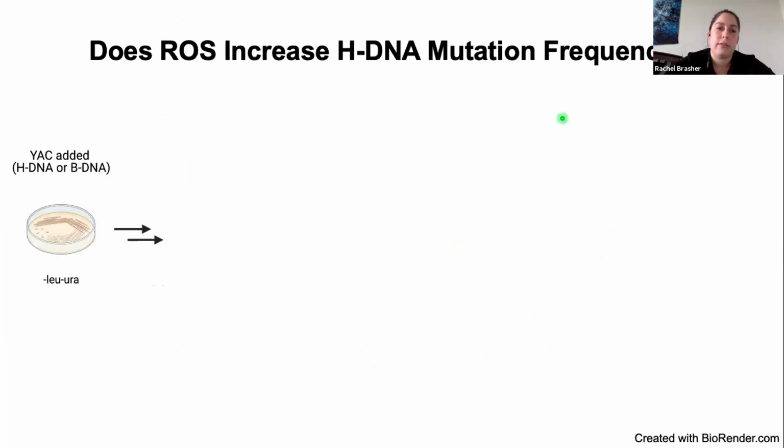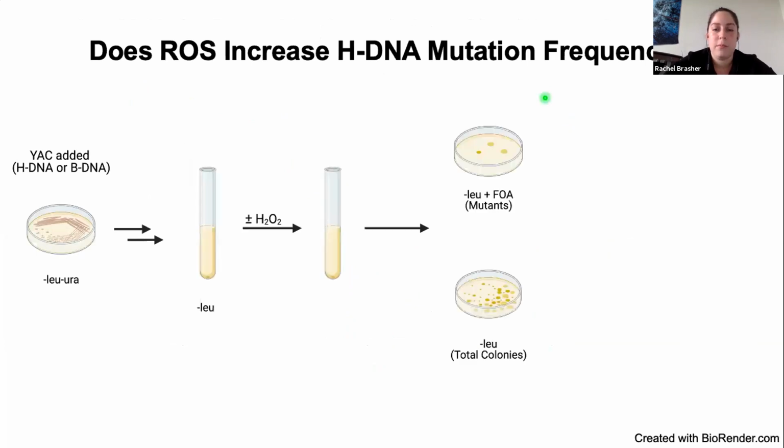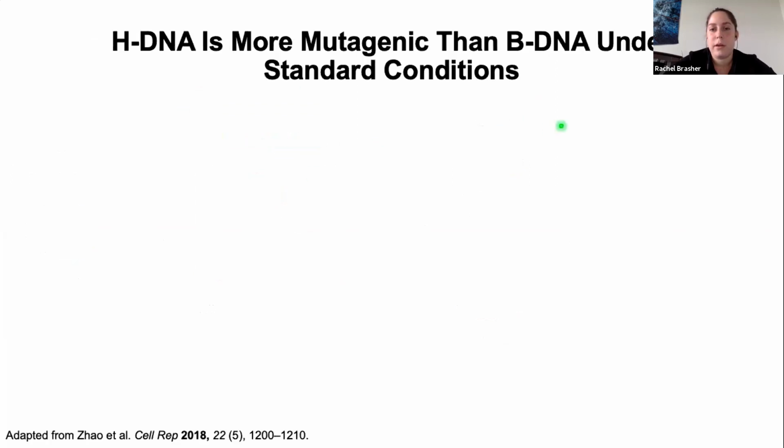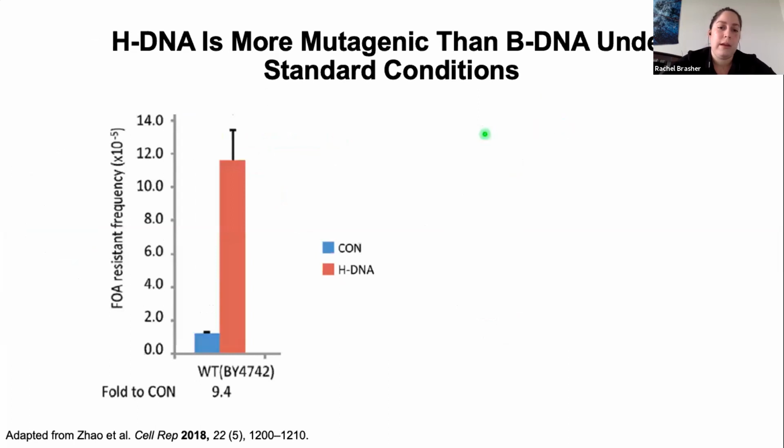So now we can ask the question, does ROS increase HDNA mutation frequency? We can perform the previously stated protocol and add the approximately 2 millimolar hydrogen peroxide. We expect our results to be, so previous studies have shown that under standard conditions, HDNA has a higher mutation frequency than the control BDNA.